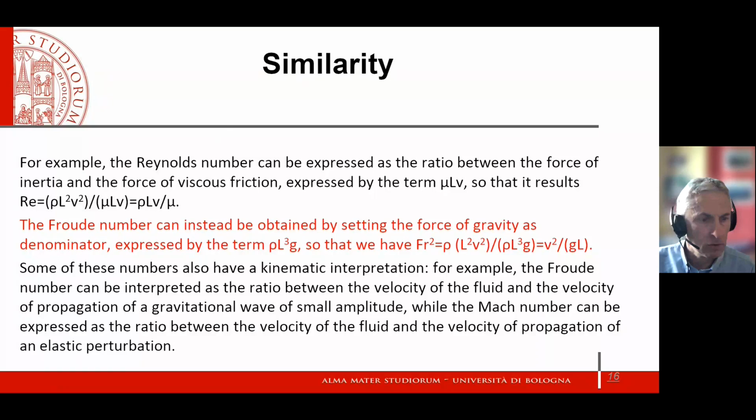It means that the perturbation can climb up upstream. If the Froude number is larger than 1, it means that the velocity of the fluid is larger than the velocity of the perturbation. So the perturbation cannot go along the flow upstream.